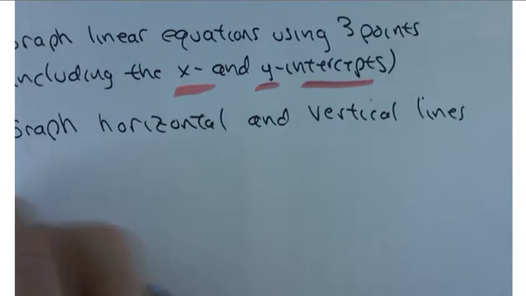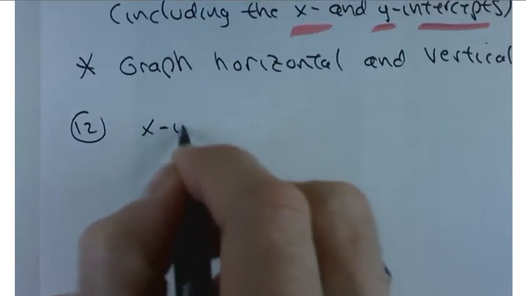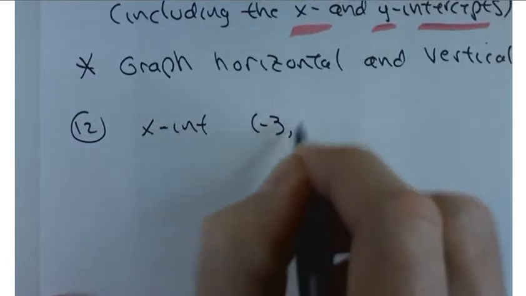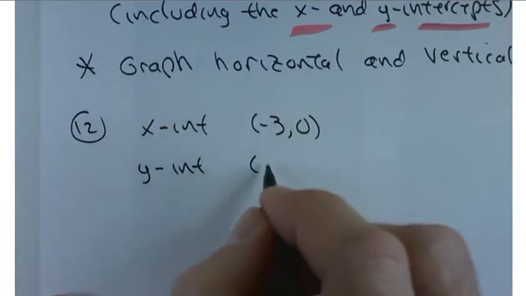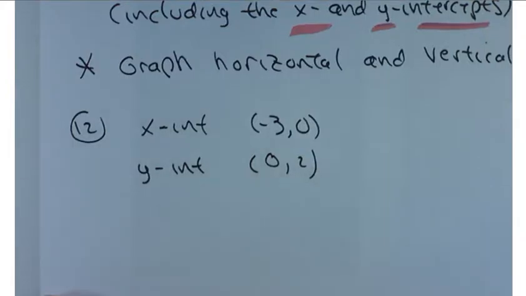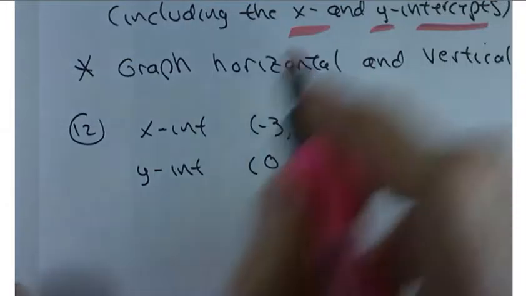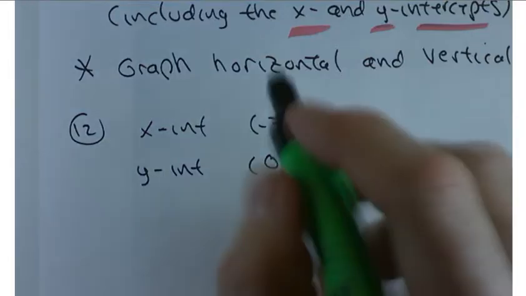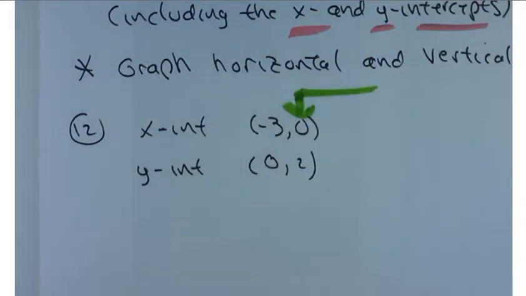So this is problem number 12. We've got our x-intercept is -3 and 0, and our y-intercept is 0 and 2. Our goal is going to be to try and find these points and use them in graphing linear equations. So to find the x-intercept, let's do a little thought experiment.